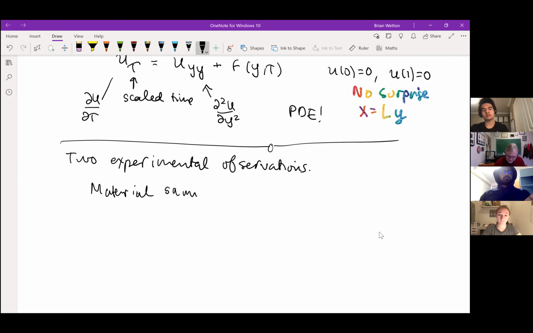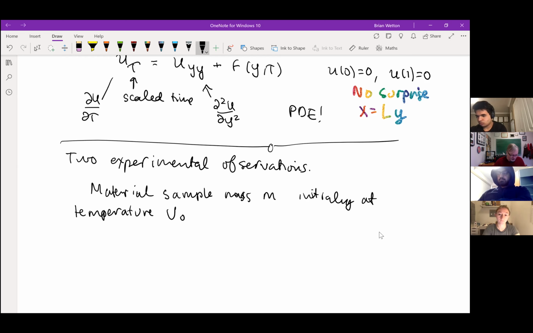I'll have a sample with mass, so I've got a material sample, mass M. It's initially at some initial temperature, and some amount of heat, Q, is added.